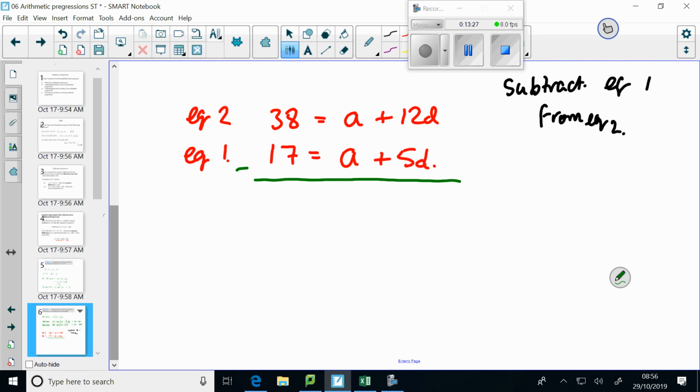38 minus 17 is 21. A minus A is A, take away A. One apple, take away an apple. What have I got left? 0. 12d minus 5d.